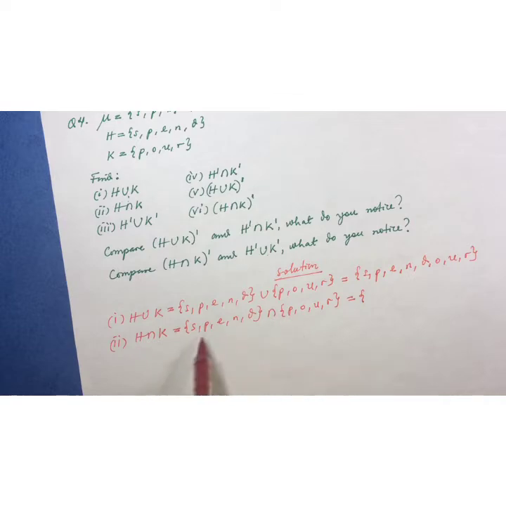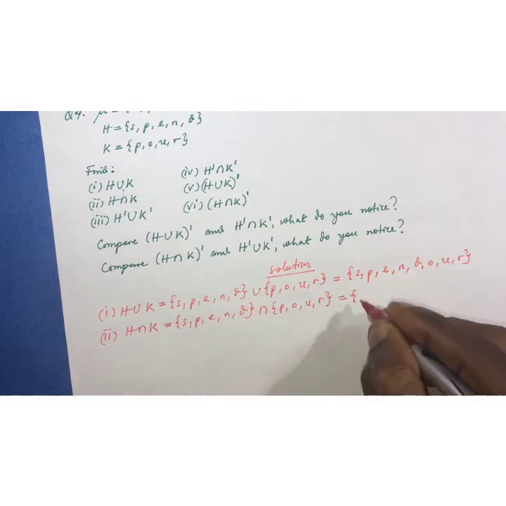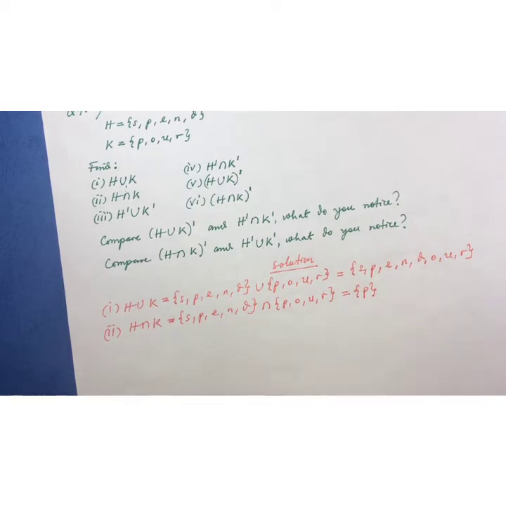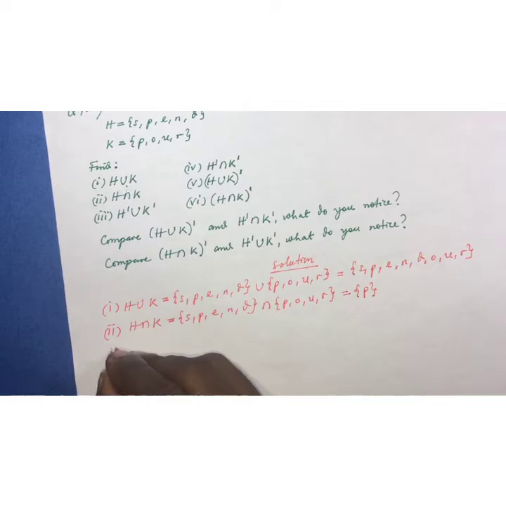The only element that is found common to both sets is P. So the intersection of these sets gives a singleton, a set that contains only P as its element. That's one element.